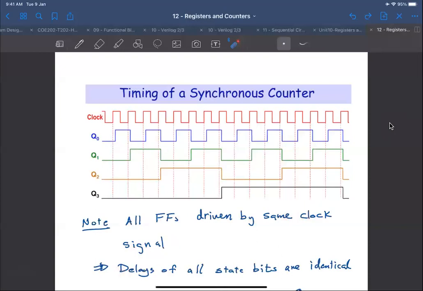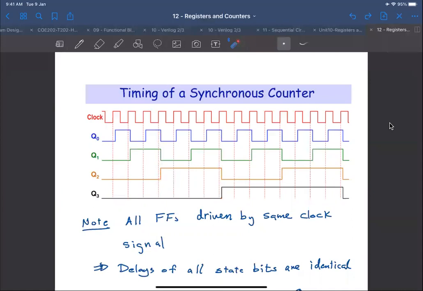You can see here the delay of Q0 from clock to Q is the same as Q1 from clock to Q, and the same for Q1, Q2, and Q3, for all 4 bits. We're showing here the timing of a 4-bit synchronous counter.